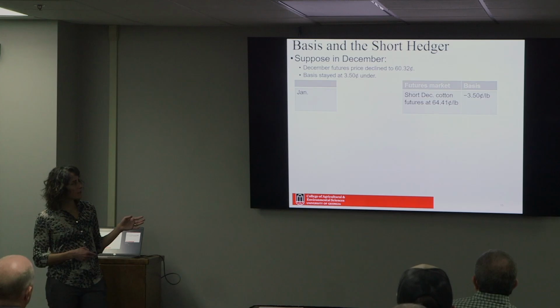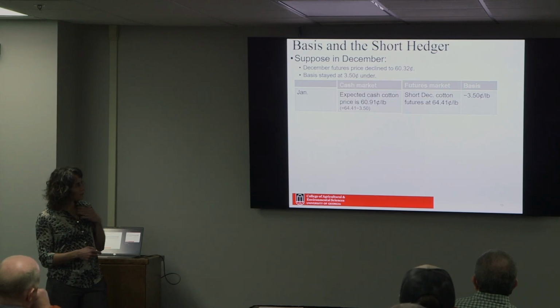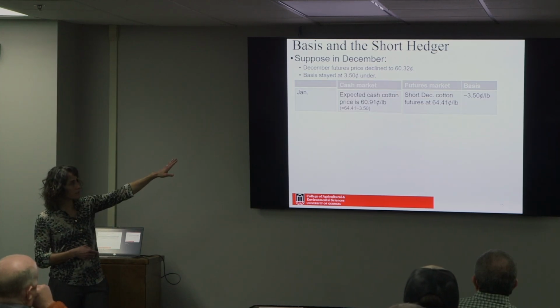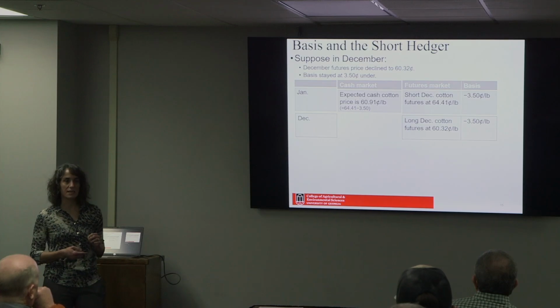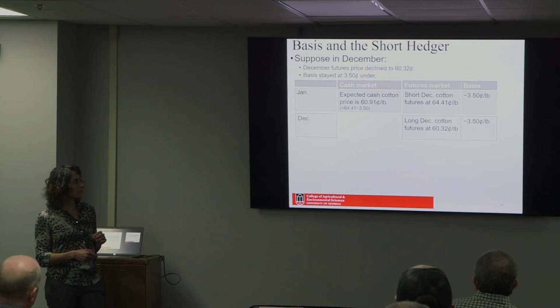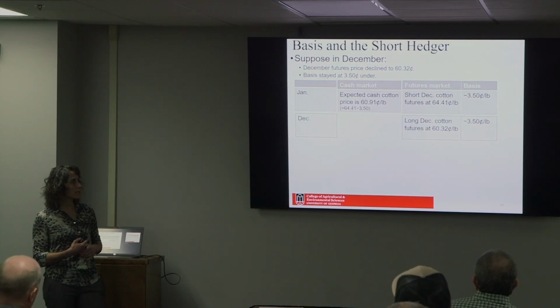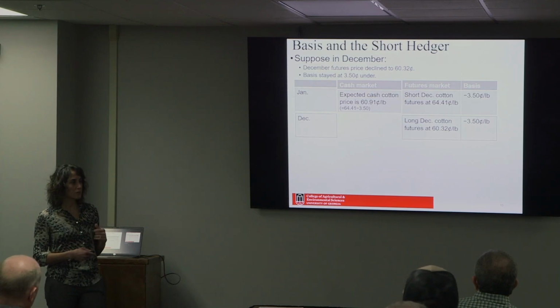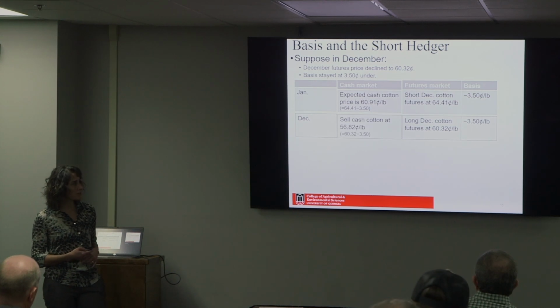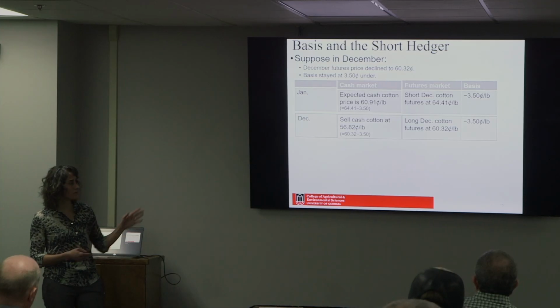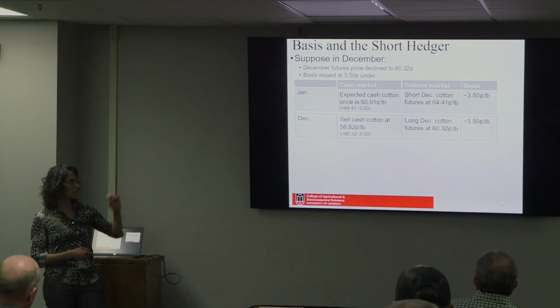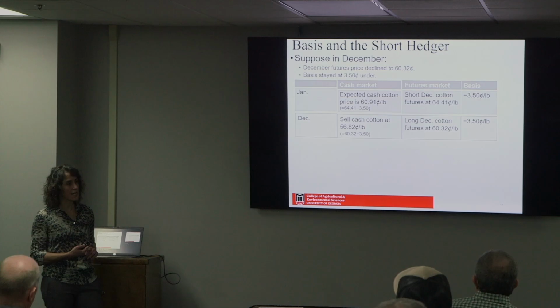But if the basis, that's what we did in the previous slide, if the basis stays the same, 350, let's say the futures price ended up being 632 in December. So we take the long position to close out our futures position there. That implies with the 632 futures price and negative 350 basis, a cash price of 56.82.